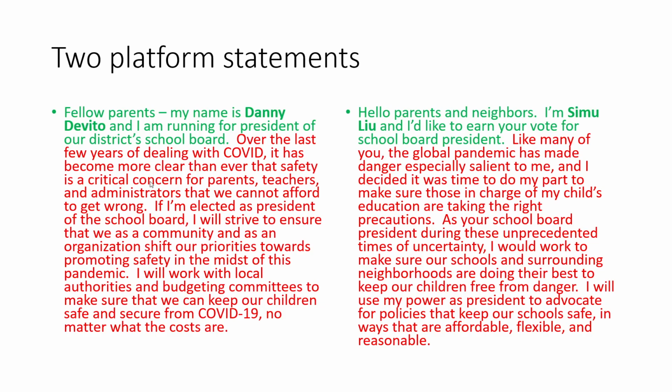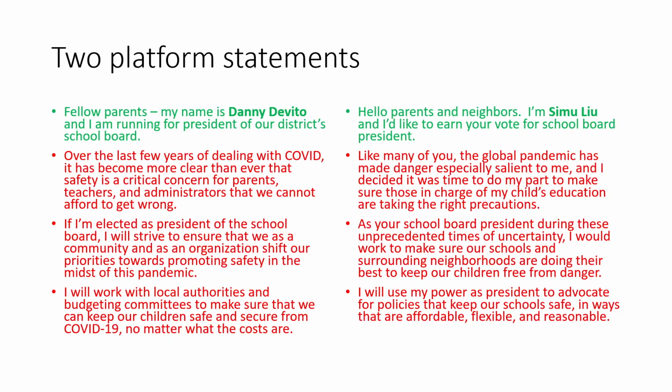So the first thing I want to do here is break up the platform statements into these little sections here, right? And again, like I mentioned, each of these little sections or statements was meant to accomplish the same goal. So the first one obviously is an introduction. It's a person letting you know who they are, and then they're letting you know that they're running. The second one on both sides here is the person describing why they decided to run.